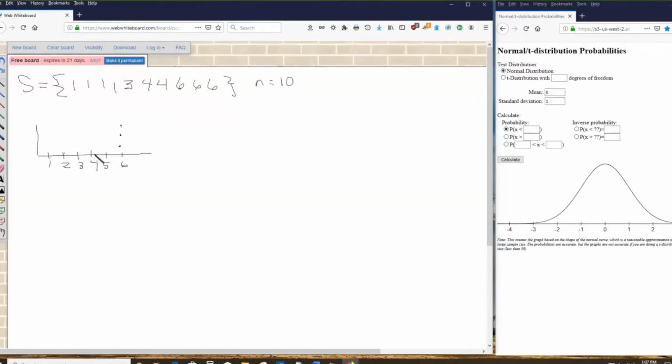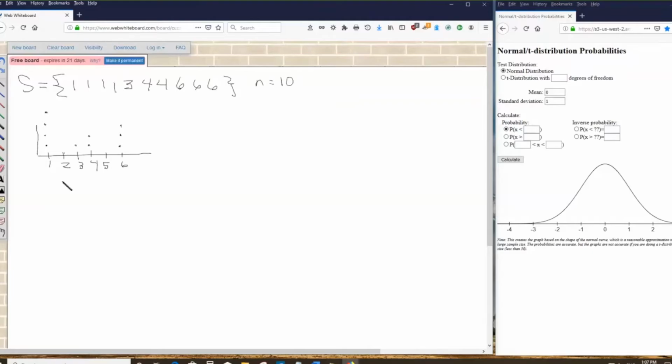I've got three 6s, two 4s, one 3, and four 1s. We can see just from this distribution that this does not look like a normal distribution.